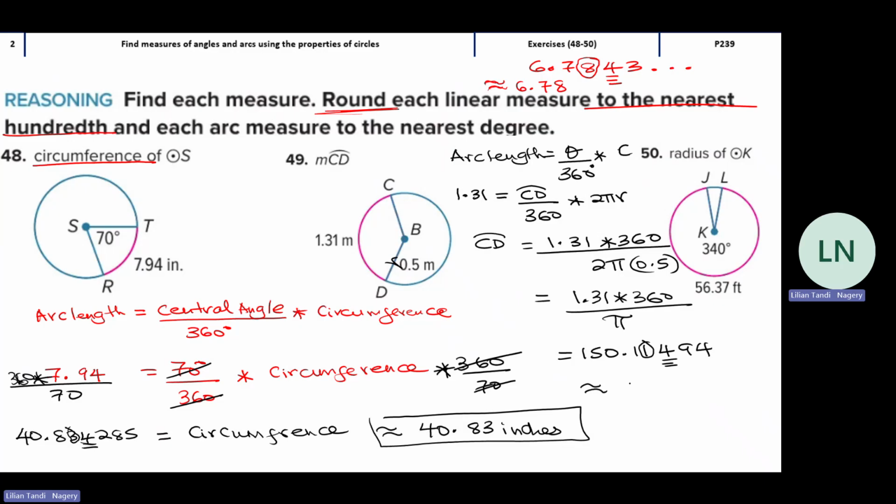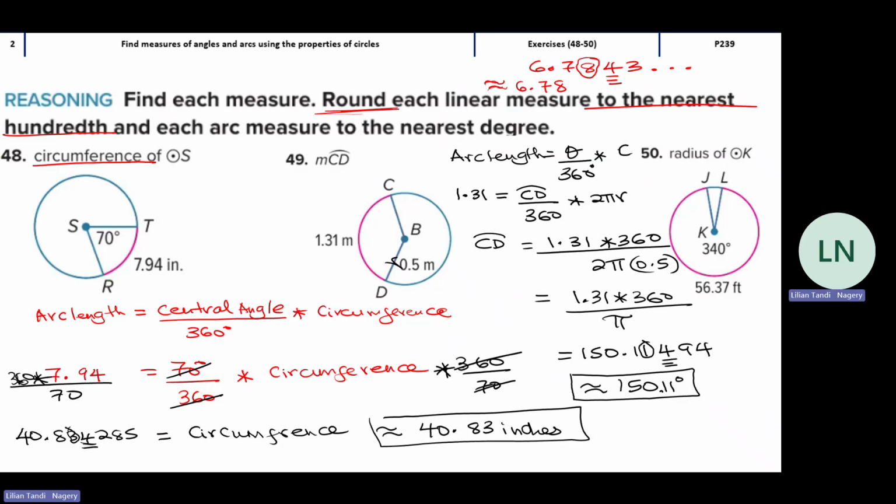Our answer for arc CD will be 150 and 11 hundredths. And then what is the unit? Meters. No, it's degrees we want. Yes, we want degrees. Okay, so that's how you do that.